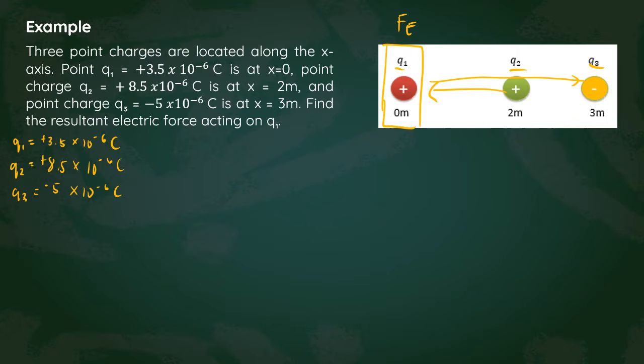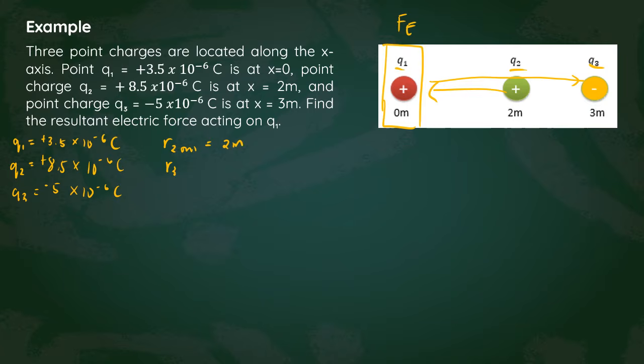Since our Q1 will be our point of reference, the point of interest for our resultant electric force or vector sum of the electric forces, we need to look into the distance between Q2 and Q1 and Q3 and Q1. The distance r2 on 1 is, as you can see in the illustration, 2 meters.